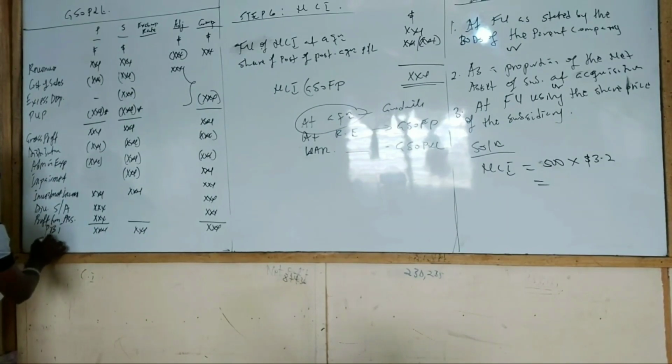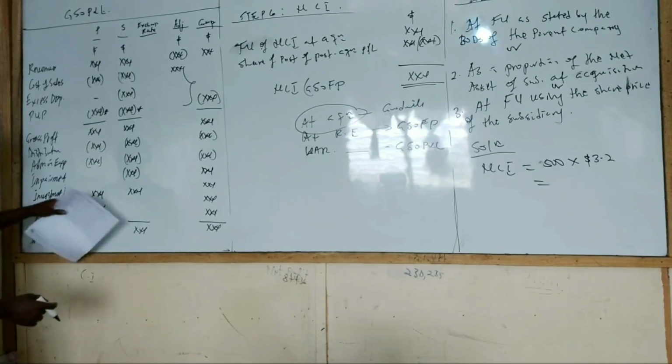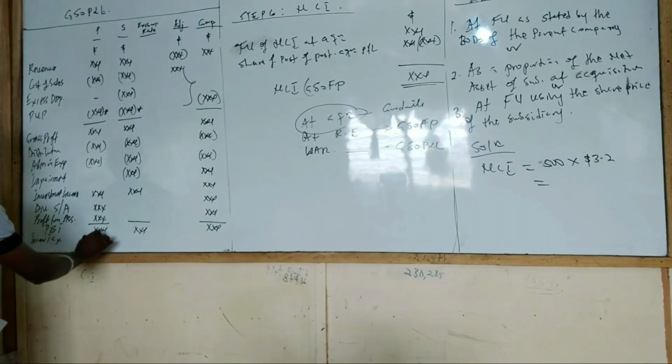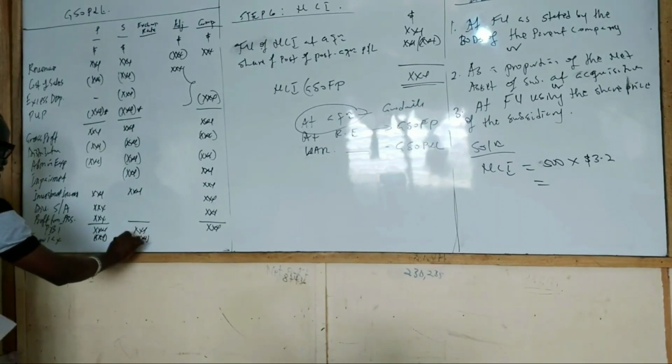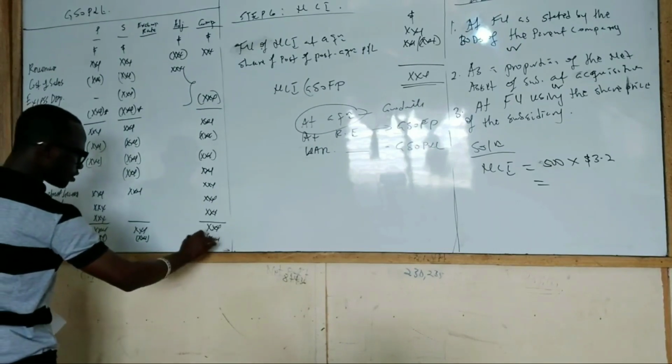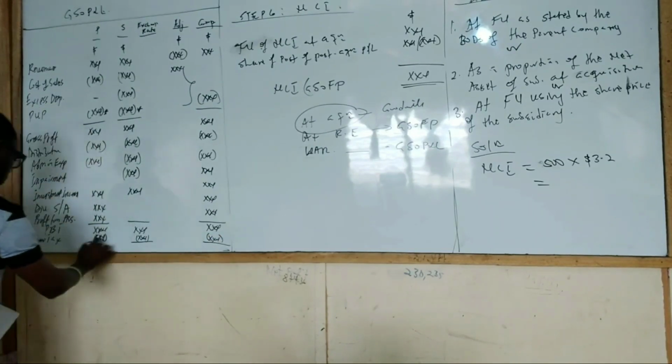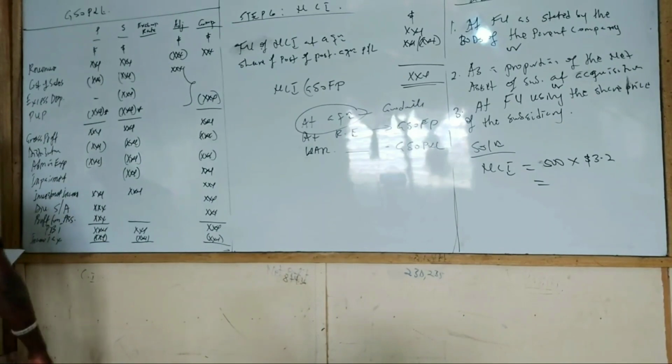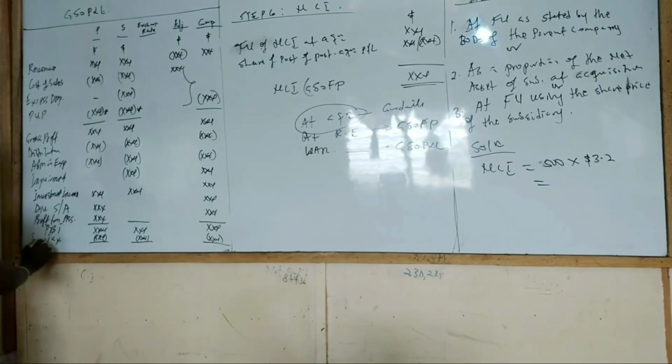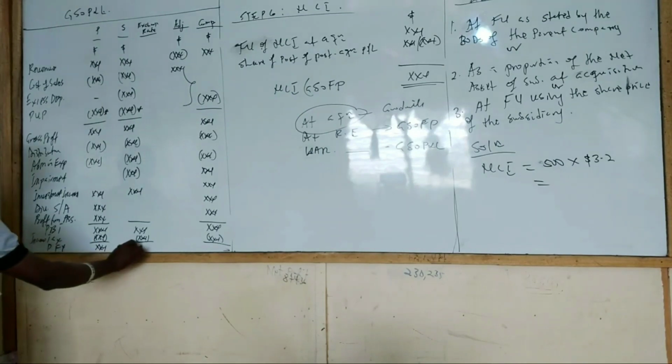Then you bring your tax, income tax, investment income. You bring your tax. Then you get a profit for the year, respectively.